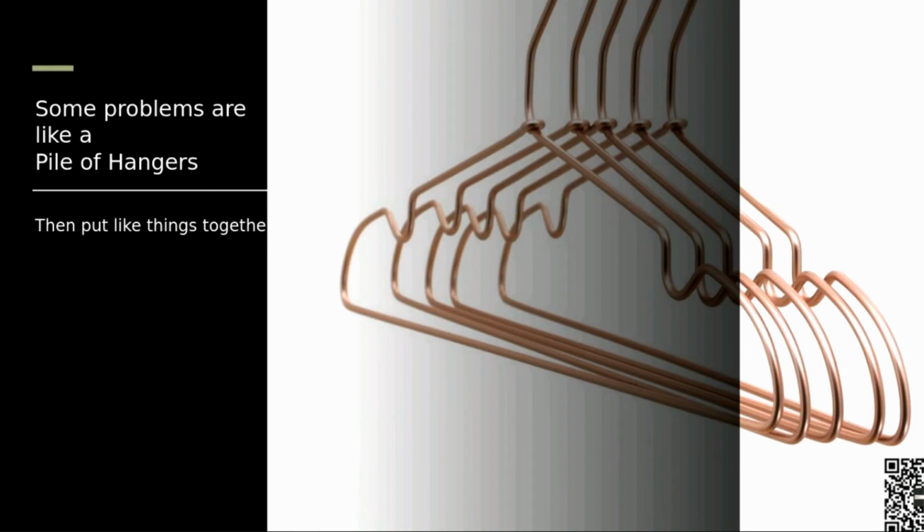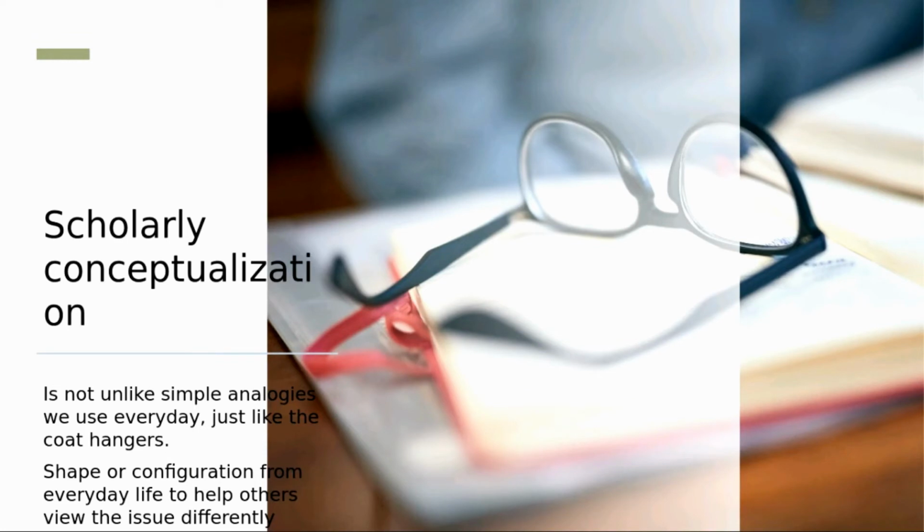So then I'll go to the next one. When you're talking about scholarly concepts, it's not unlike the hangers, but I use those hangers in just everyday speech when I'm talking to my husband or my daughter.